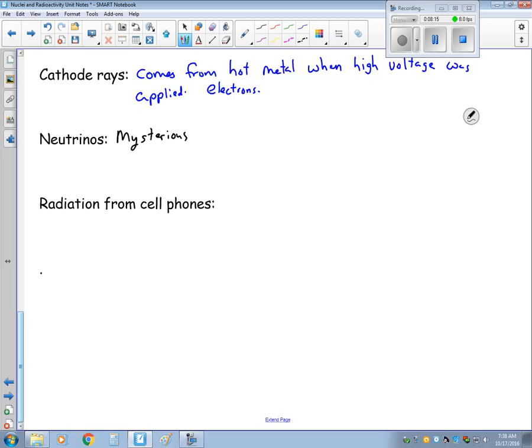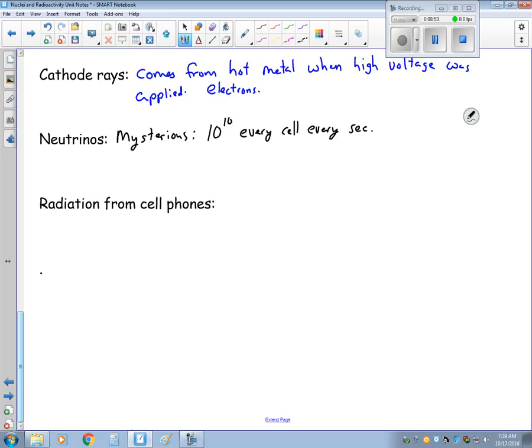They are so strongly emitted by the sun that we have 10 to the 10 of these neutrinos passing through every cell every second. So that's something very, very important if you think about it. There are a lot of neutrinos passing through you right now.